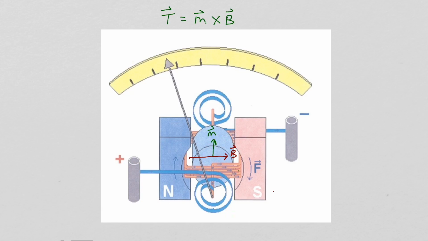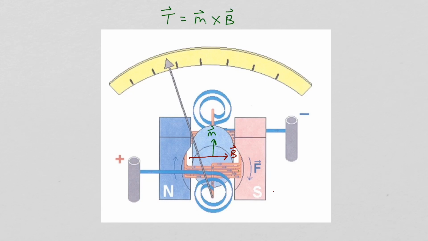The magnetic flux density field in this region between these two magnets will point from the north pole of the magnet on the left to the south pole of the magnet on the right. So when there's a current flowing, there will be a torque on this square current loop. But as it rotates, there's a counter torque due to this tension spring here.